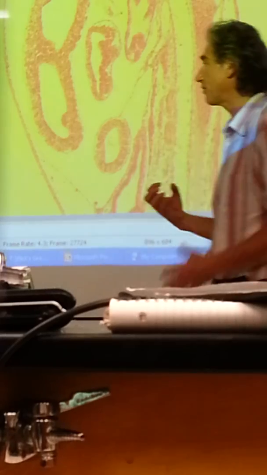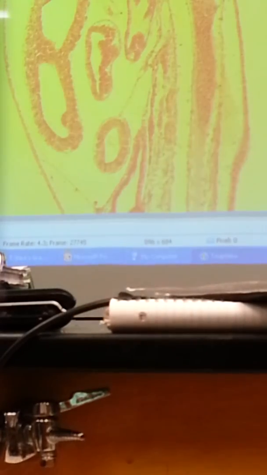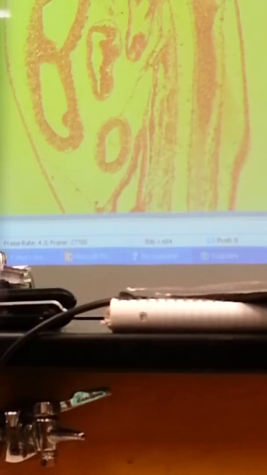We ossify some regions into vertebra, but the only thing that's left of your notochord is the intervertebral discs, or the little pads of connective tissue between vertebra and vertebra, a little spongy disc. The remnants of your notochord made up your intervertebral discs.